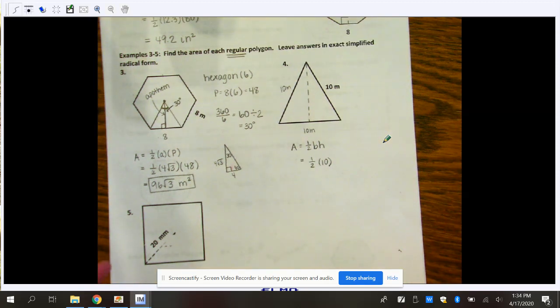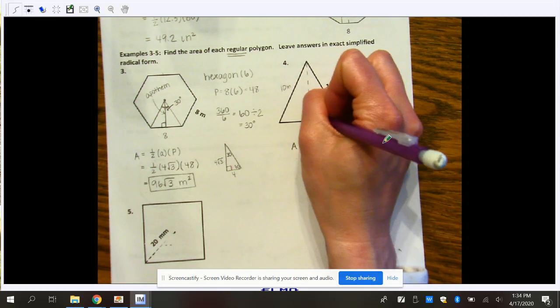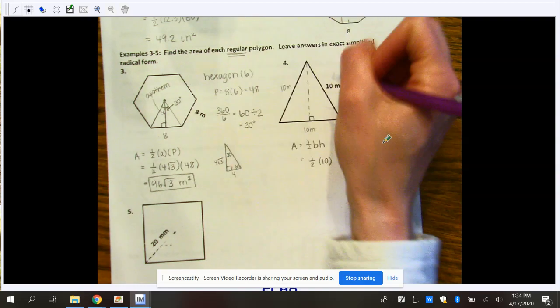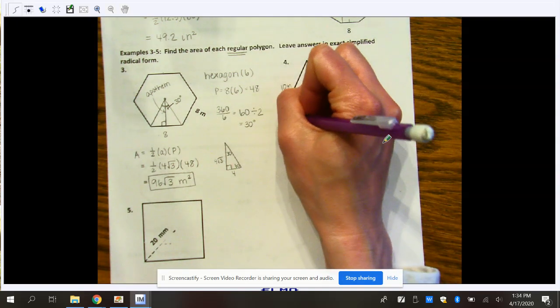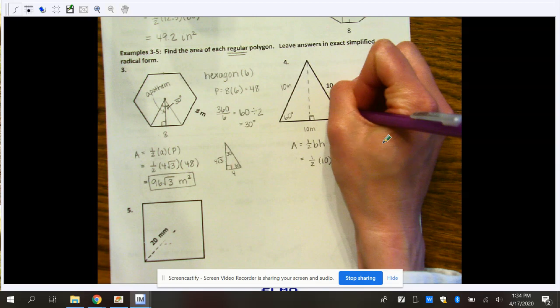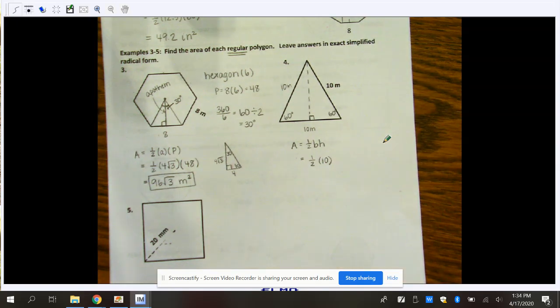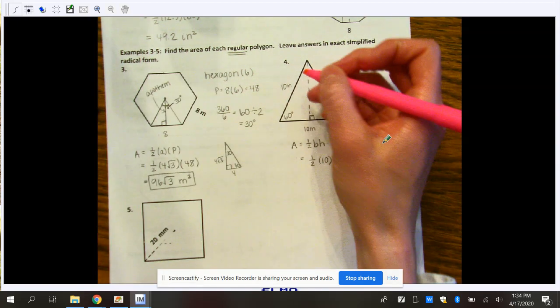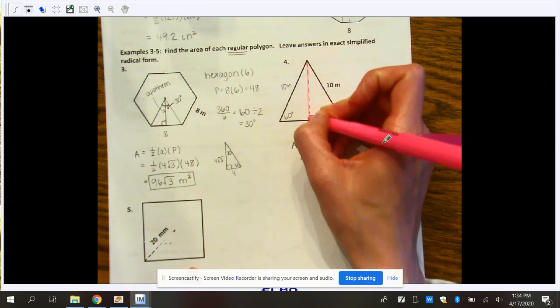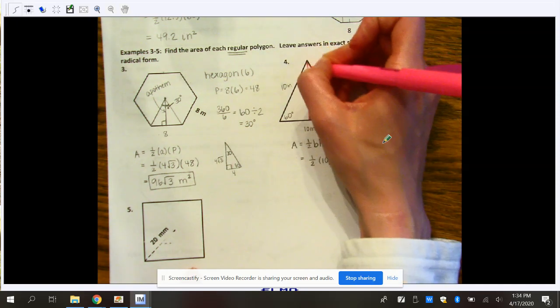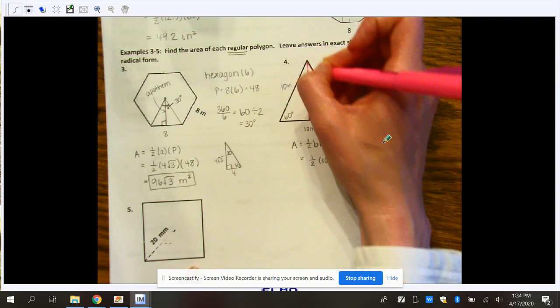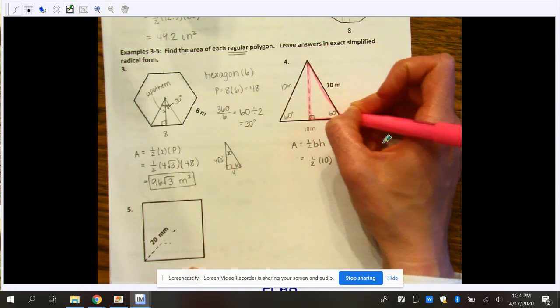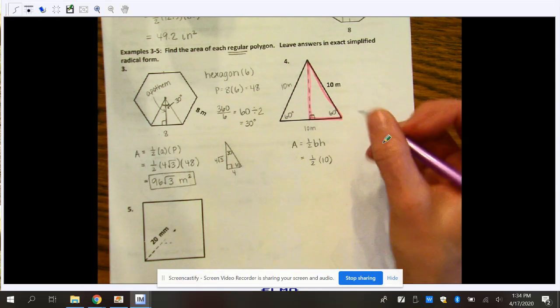Well, again, special right triangles are going to help us out here, because if I know that this is a regular triangle, that means that each angle is 60 degrees. And so then if I just use this little piece right here, I've created a 30, 60, 90 triangle.